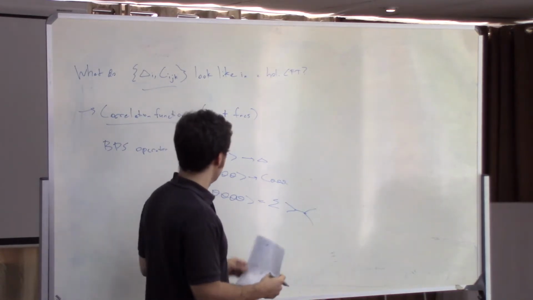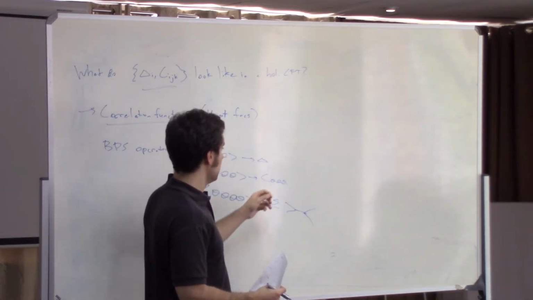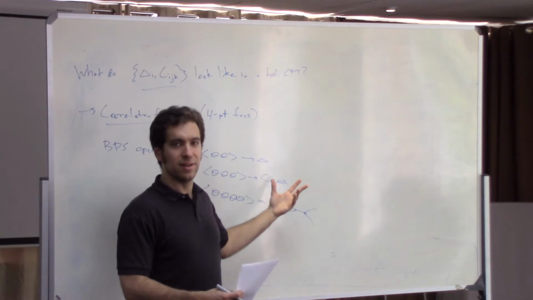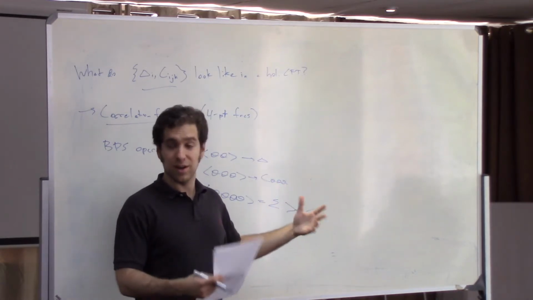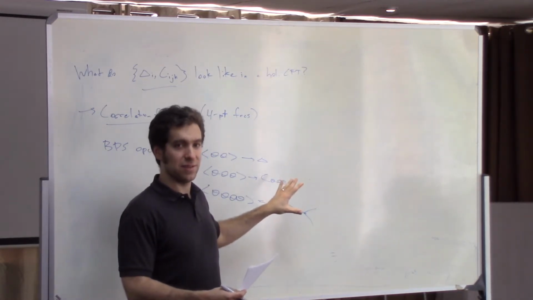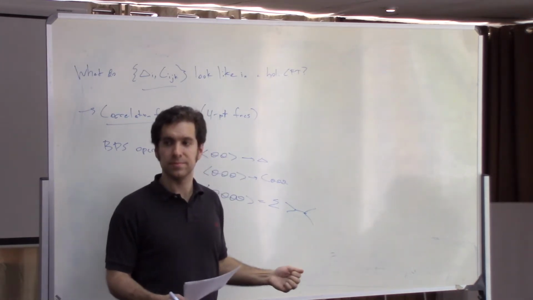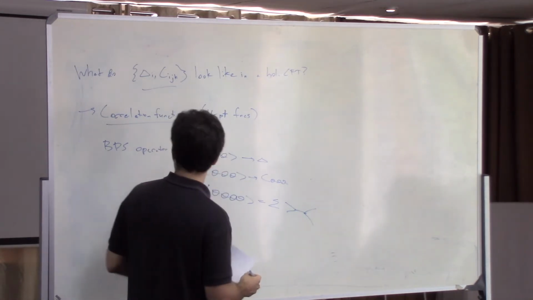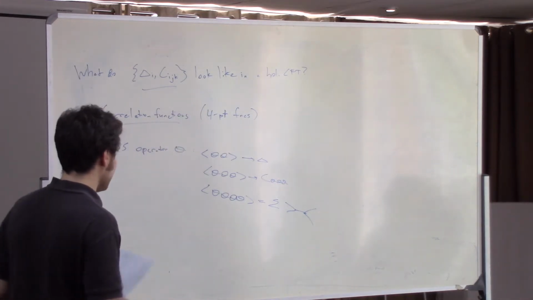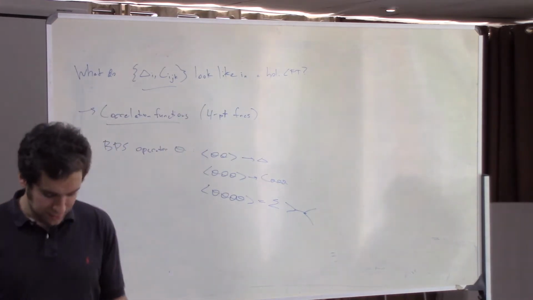So you have 3-point functions of 2 protected and 1 unprotected operator. Those in general are not protected, and so this gives you access to information that sees the emergence of a bulk spacetime when there is one. Okay, good. So that was a side comment about supersymmetry.